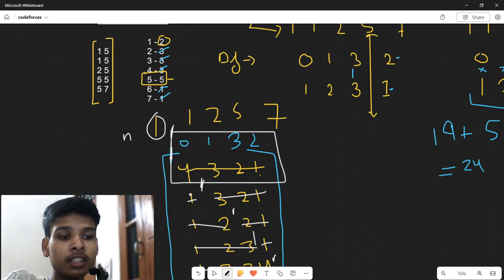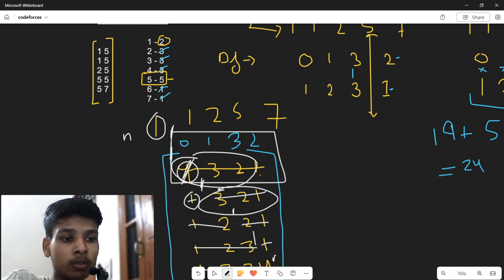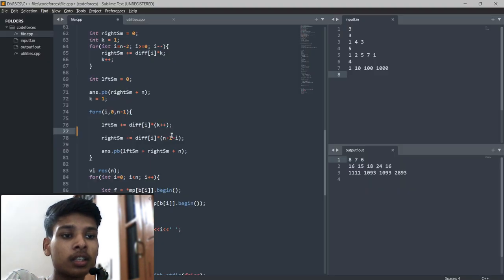For example, in this case my right sum was 4, so I will delete this 4 into 0 and add 0 into 1. So my sum becomes 0 into 1 plus my right sum, which was this initially. I erased this one, so the right sum which is left is this one only. So my sum is this plus this, and this is the answer for the second number.